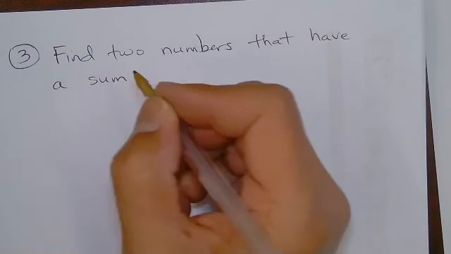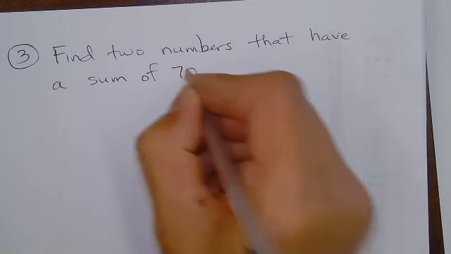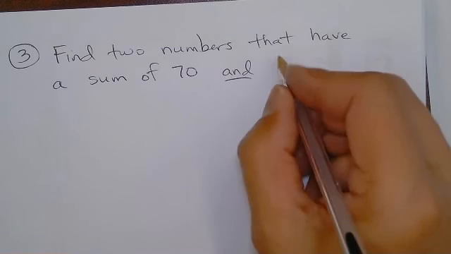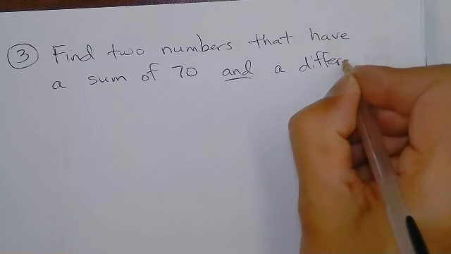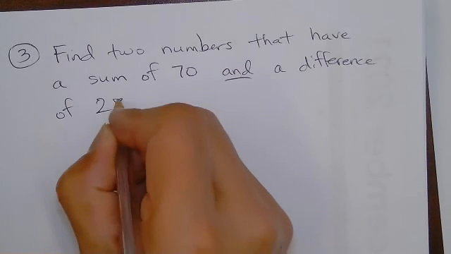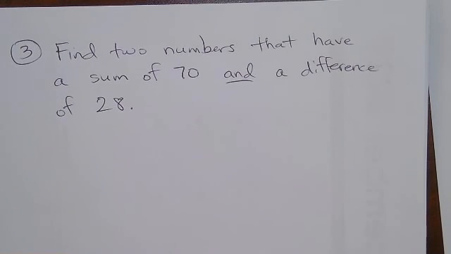Find 2 numbers that have a sum of 70 and a difference of 28.